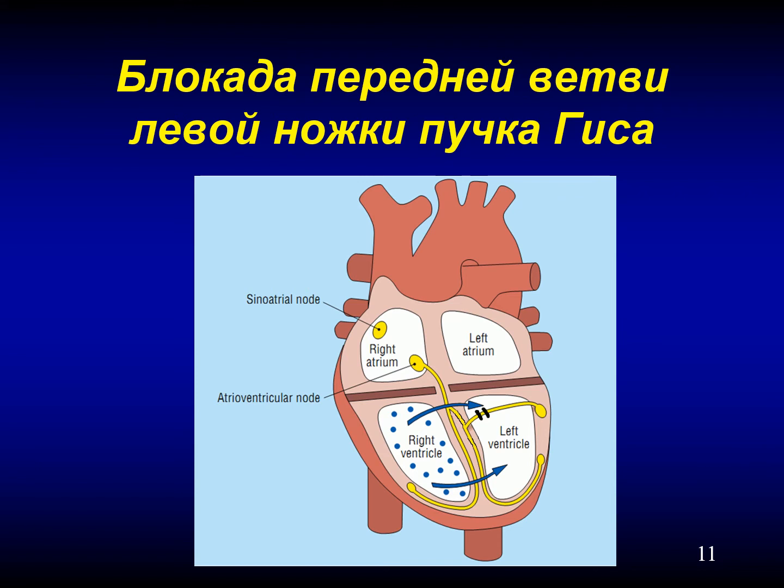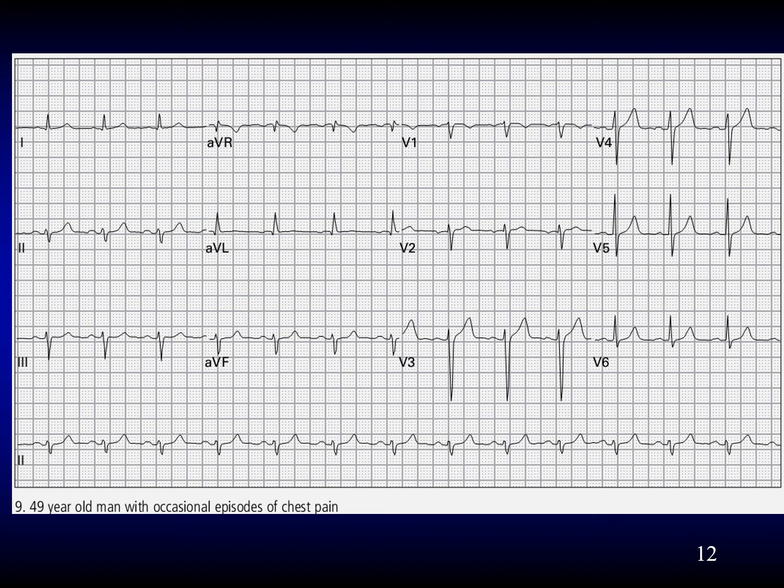But sometimes we have a situation when not the whole left bundle branch is blocked, but only the anterior part, for example. In this case, we have only one ECG sign.